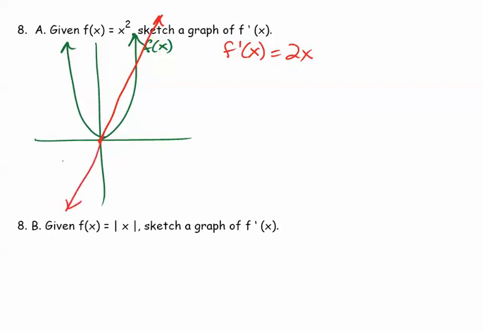And let's think about that. On this side of the graph, doesn't the parabola have all negative slopes? So the derivative is below the axis. And on this side of the parabola, doesn't the parabola always have a positive slope? So our derivative is above the x-axis. So f prime of x is that linear function.